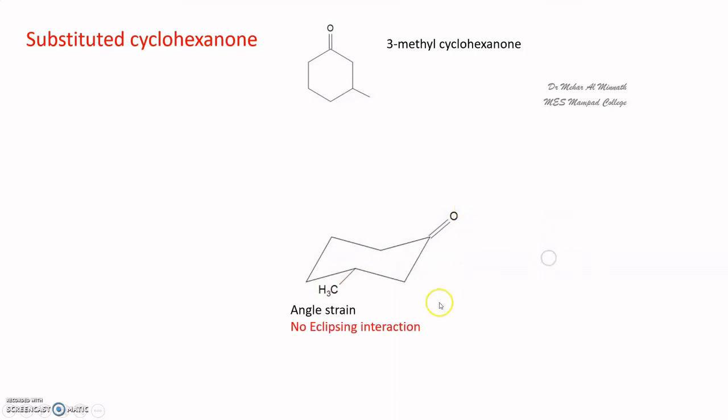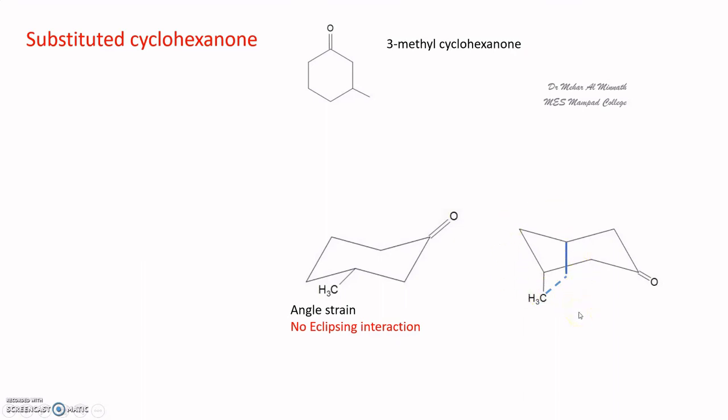There will be angle strain but no eclipsing interaction. Now, when we write the axial form, when this flips, the methyl group comes to the axial position, there will be 1,3-diaxial interaction. But this molecule will experience only one 1,3-diaxial interaction.